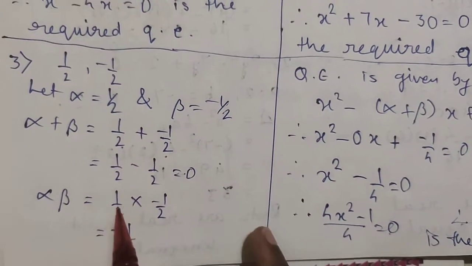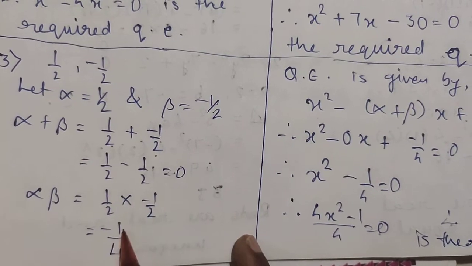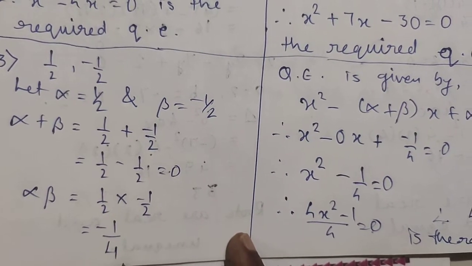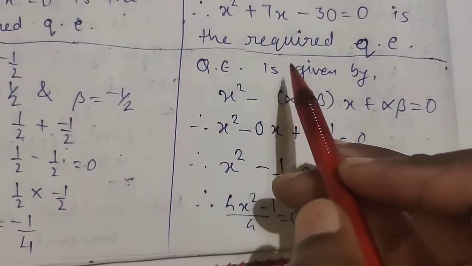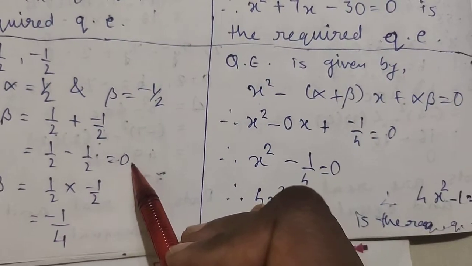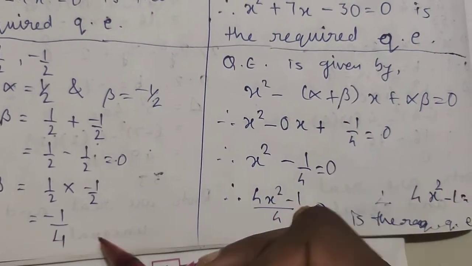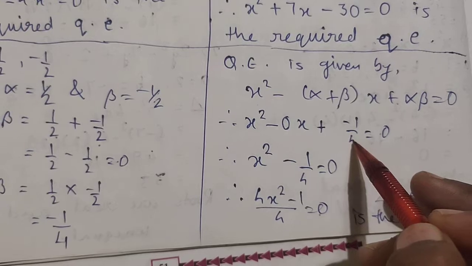Then alpha into beta: half into minus half, 1 into 1 is 1, minus 1, 2 twos are 4, so minus 1 upon 4. Then we use our formula. Here alpha plus beta is 0, so in place of alpha plus beta we have written 0, and alpha beta, minus 1 upon 4, we have written.